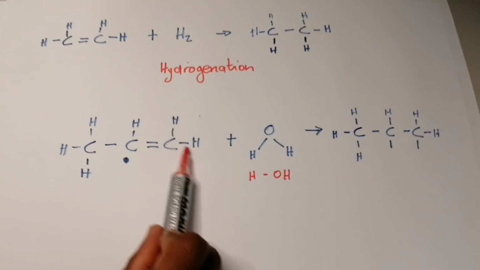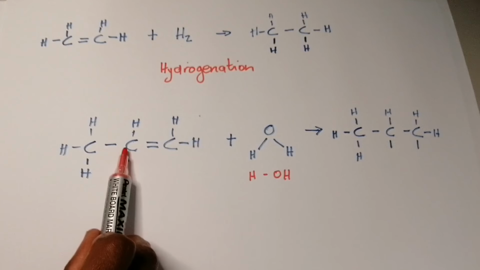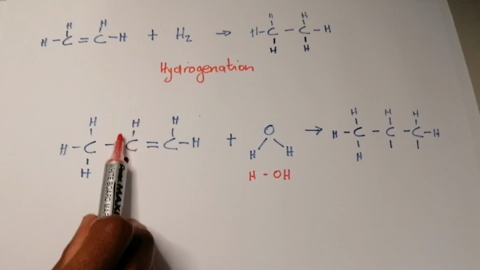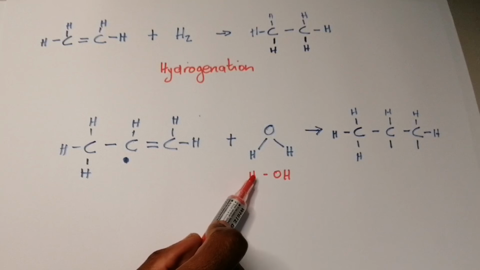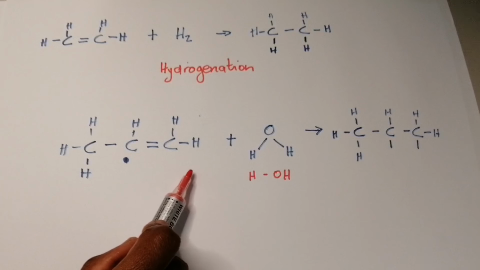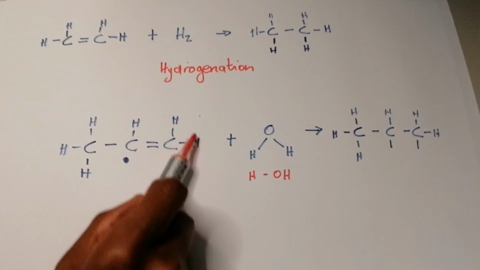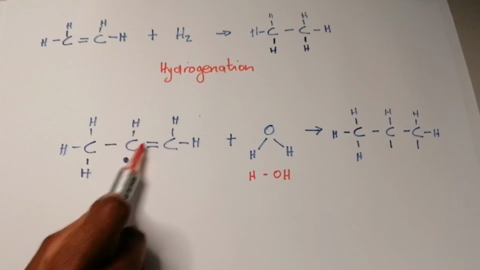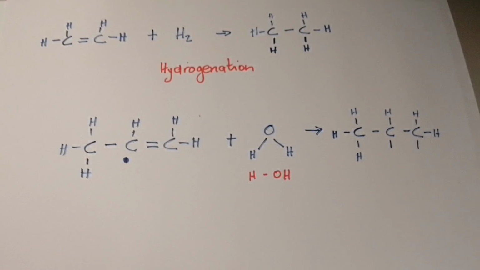It has two attached to it. Can you see? And if I look at this one, how many hydrogens does it have? It has only one. So Markovnikov's rule says the major product will be formed when hydrogen goes to the carbon that has the most. This one is 2, this one is 1, so definitely hydrogen will tend to want to go to this one.